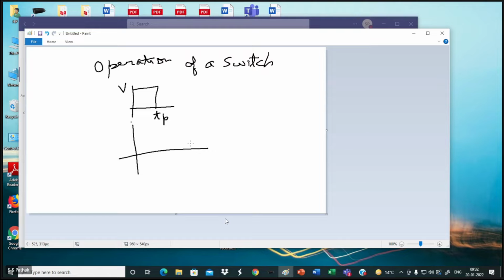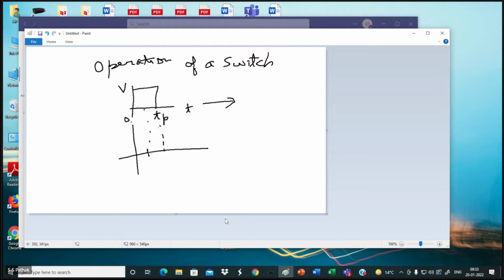So here we have put our switch like that. Here is the operation point. This is my 0, this is my T. When I have applied here, from here to here, this is not your TP, this is something less than TP. TP is somewhere here.